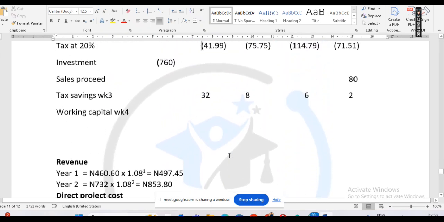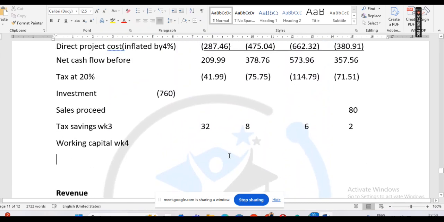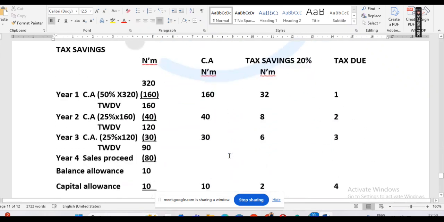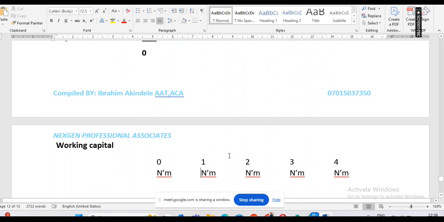So in this case now, we need to continue with working capital, right? We are done with the tax savings, 32, 8, 6, and 2, right? So the next is working capital. And we are told that the working capital is 20% on the anticipated revenue. Don't forget, on the anticipated what?